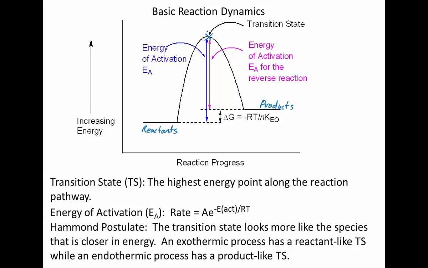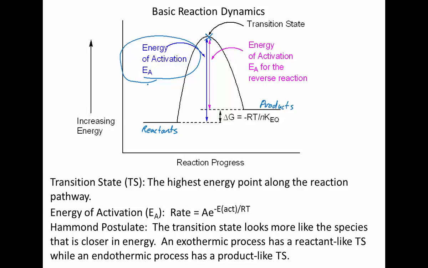And the amount of energy you have to put into the reaction to make the reactants convert to the transition state is called the energy of activation right here. Okay? And if the reaction were reversible, in magenta here, we would have the energy of activation for the reverse reaction.